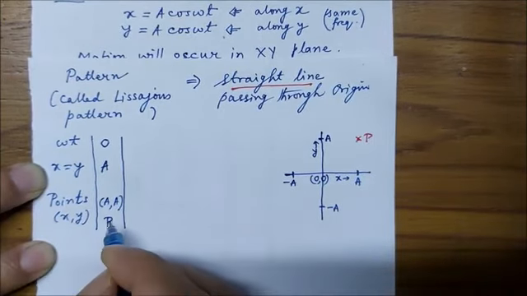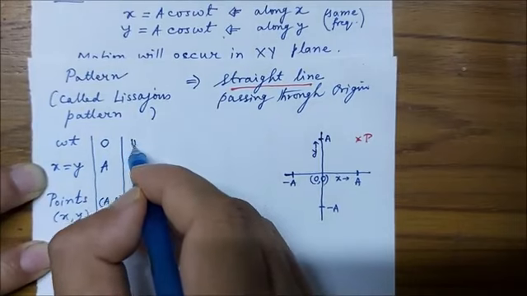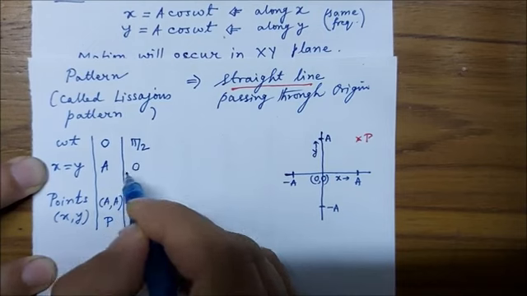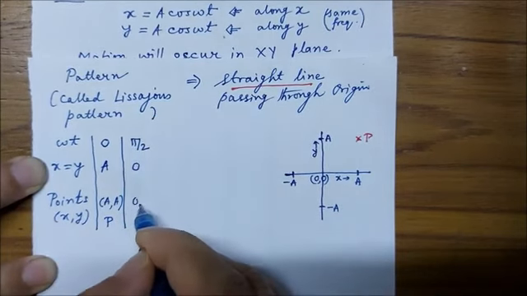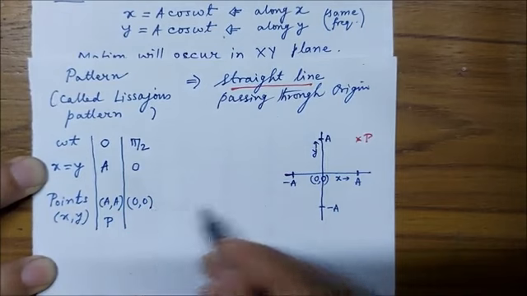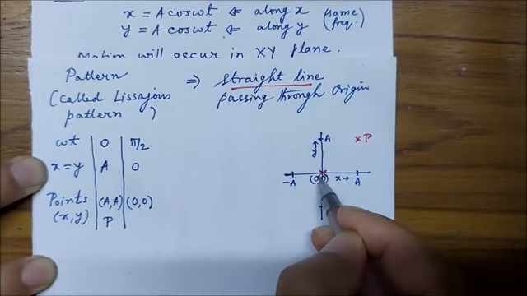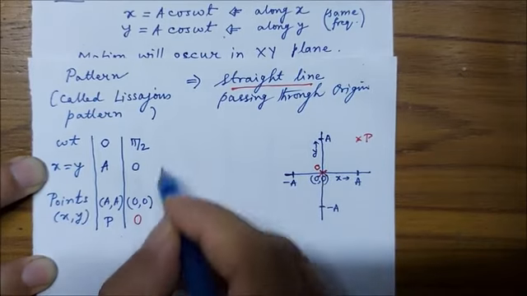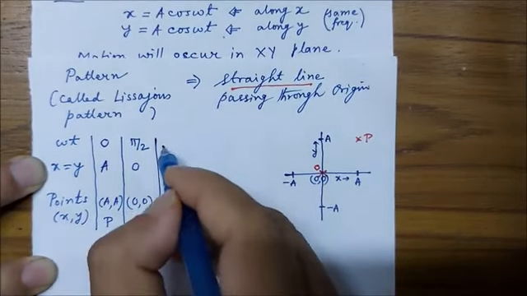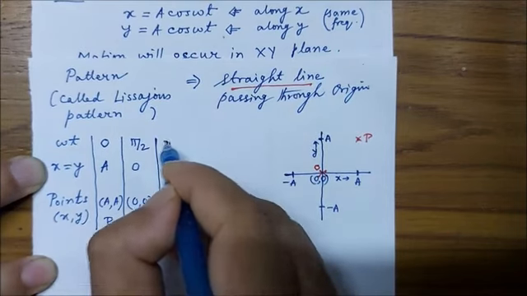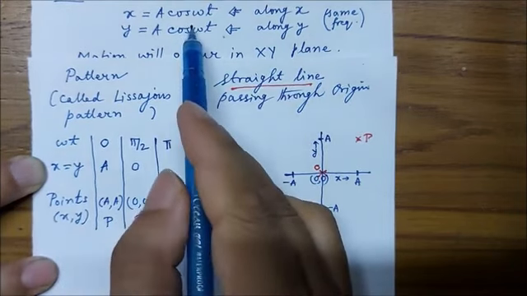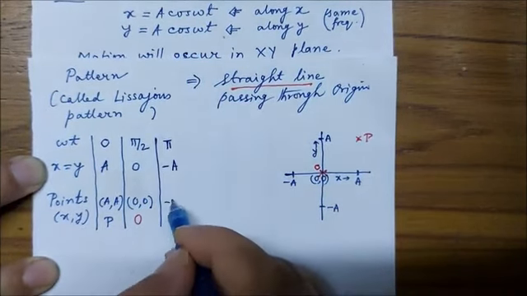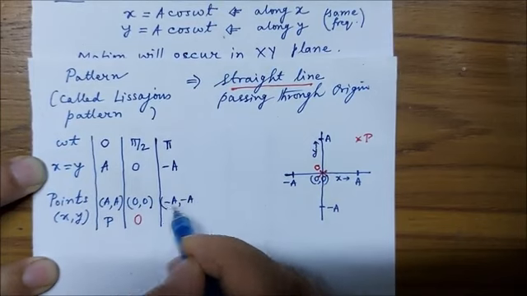So this is P. Then for omega t equal to pi by 2, cos pi by 2 is 0, so x is 0, y is 0, and the coordinates are 0 0. So we arrive at the origin, and let us call it O. At pi, cos pi is minus 1, so it is minus a. So the coordinates are both minus a.